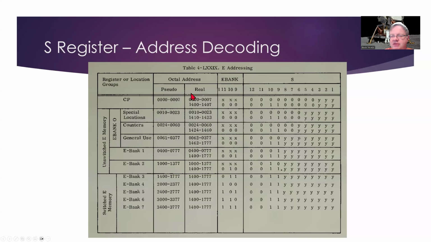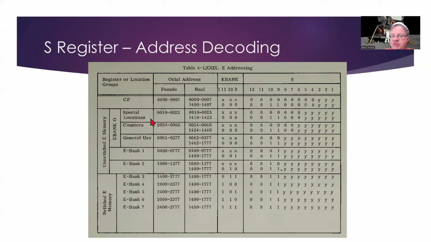So if we look at the E addressing and address decoding, because of the way some of the banks are used, there's a large common memory that's used regardless of what bank you're using.